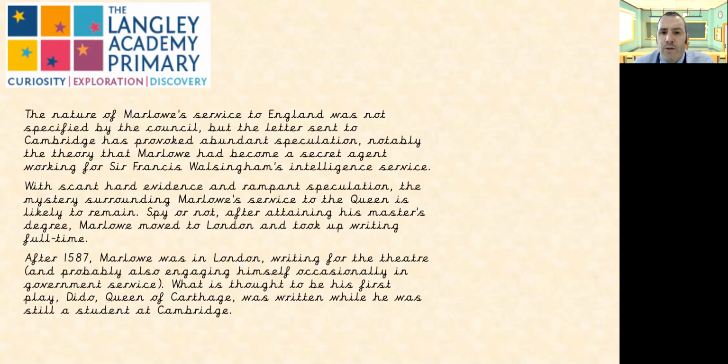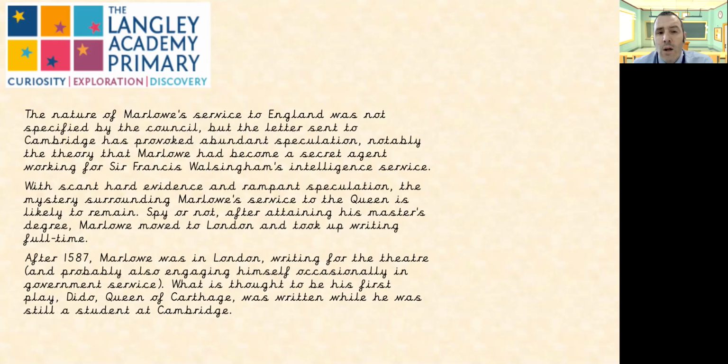Spy or not, after attaining his master's degree, Marlowe moved to London and took up writing full-time. After 1587, Marlowe was in London, writing for the theatre, and probably also engaging himself occasionally in government service. What is thought to be his first play, Dido, Queen of Carthage, was written while he was still a student at Cambridge.